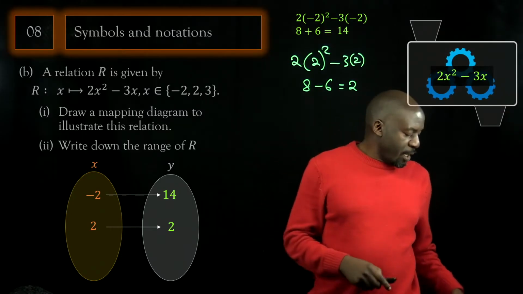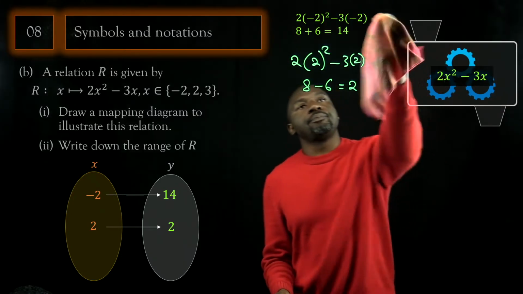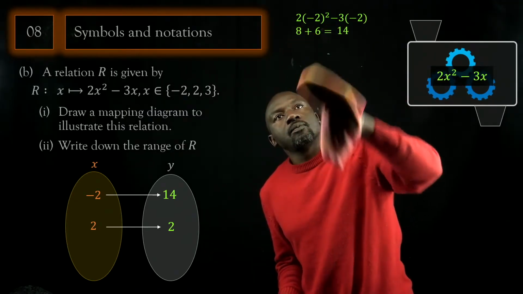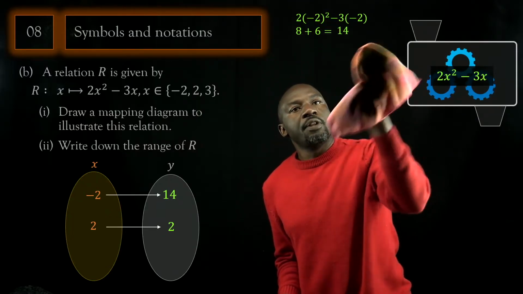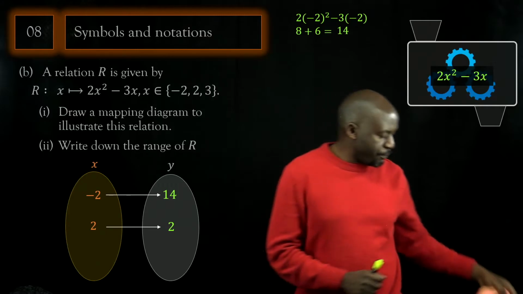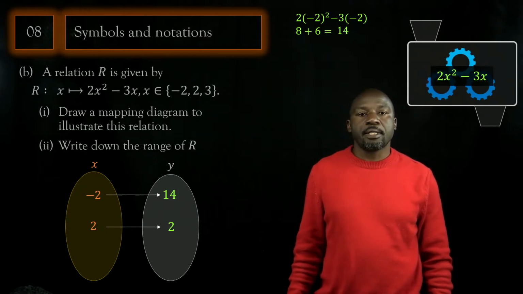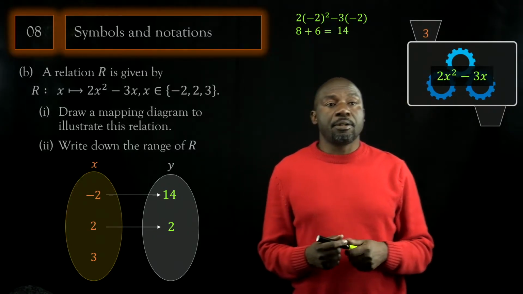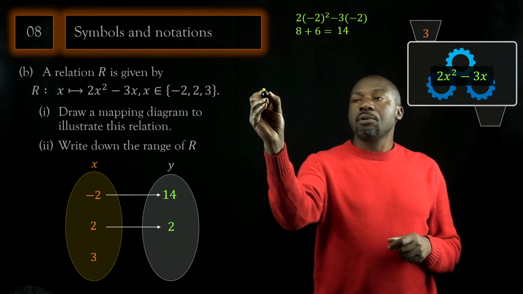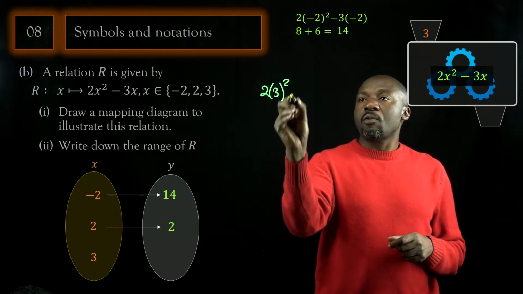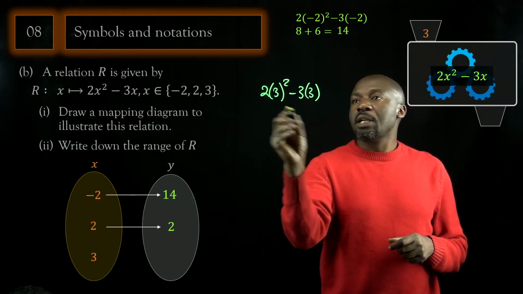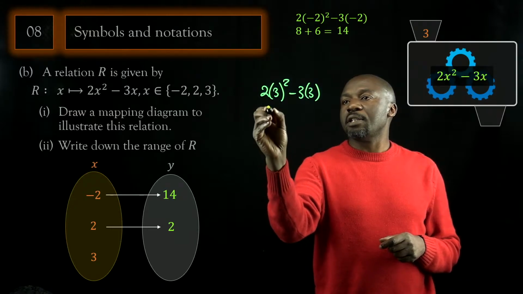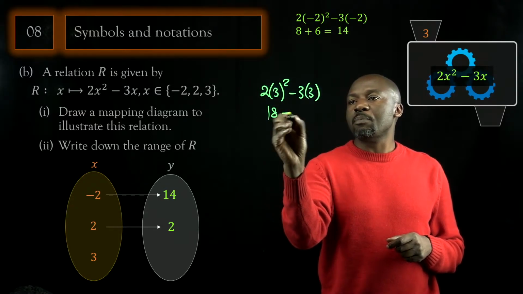Lastly, we can feed in the 3. If we feed in 3, what happens? We have 2 times 3 squared minus 3 times 3. 3 squared is 9, 9 times 2 is 18 on this side, and this is minus 9.